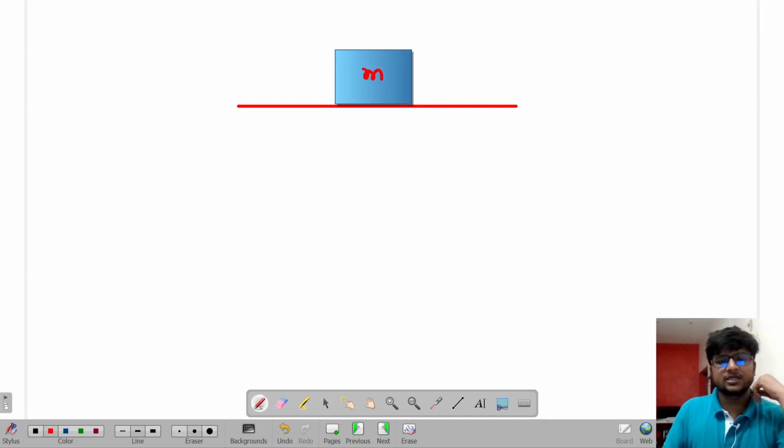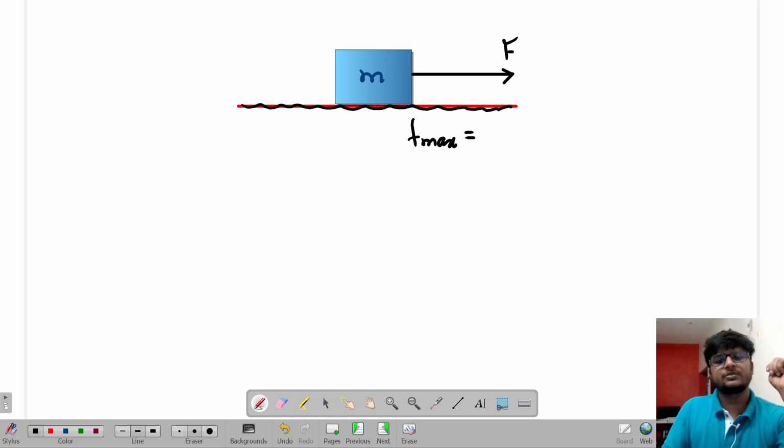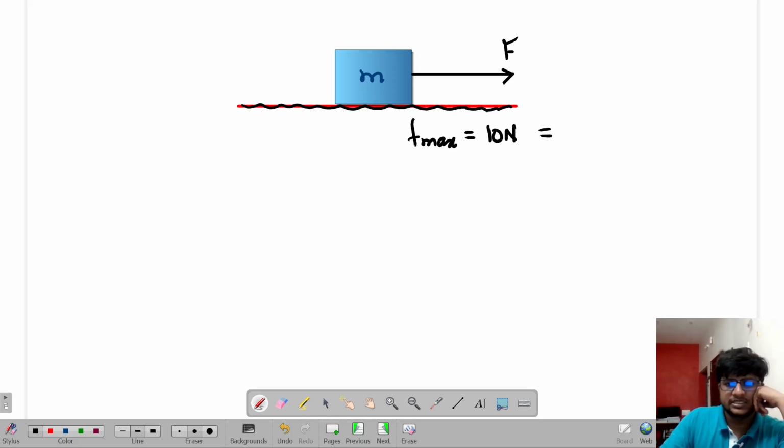Now let's suppose again there is a mass M, and on this mass I am applying some force which varies in some range. I did one experiment and found that the maximum value of friction which can be present is 10 Newton, and I am going to call this F limiting.